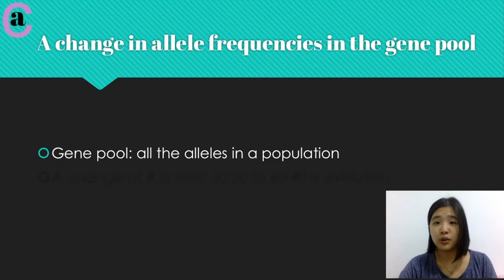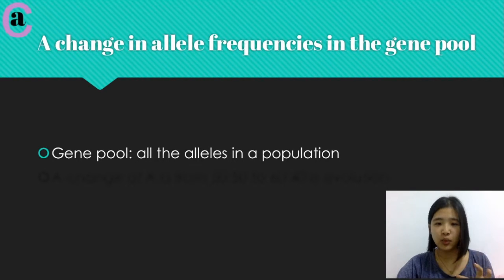Just to remind you, a gene pool is a combination of all the alleles in a population. So if you have 100 individuals in a population, then typically you're going to have 200 alleles because each organism has two alleles.